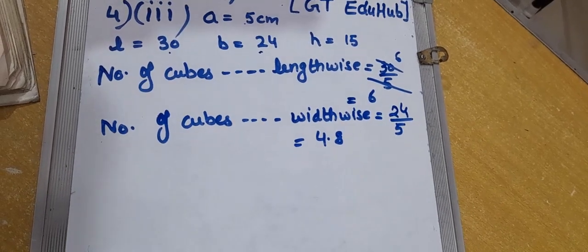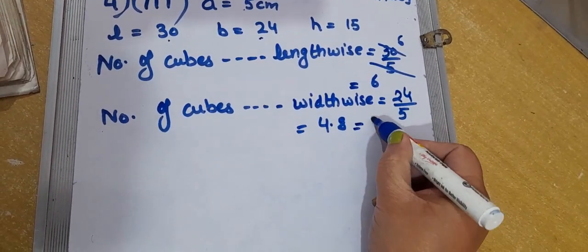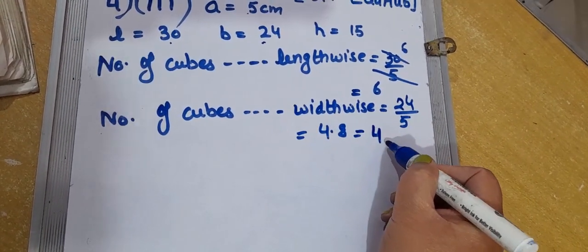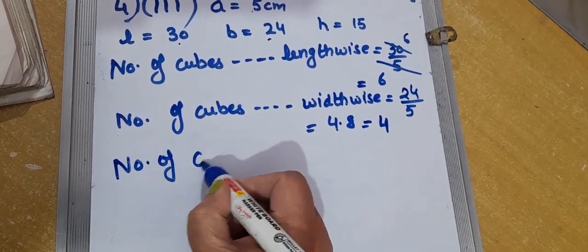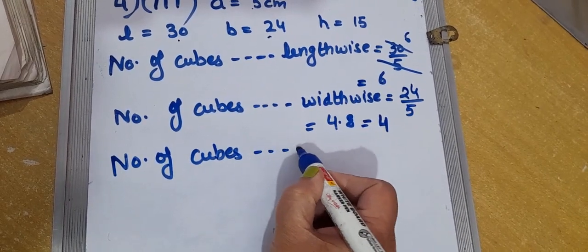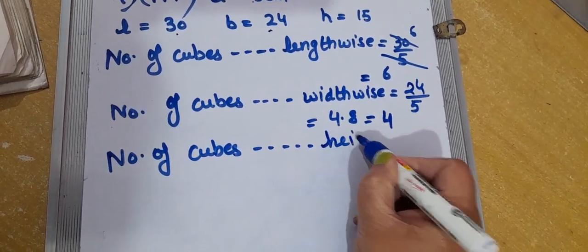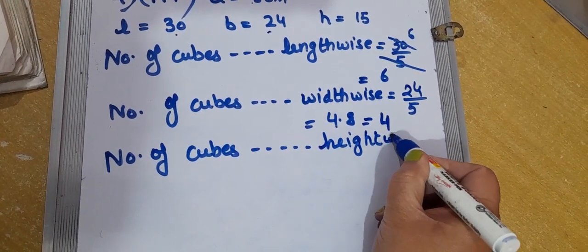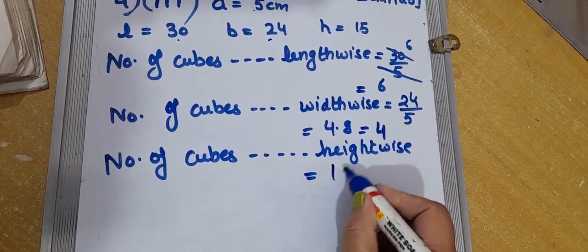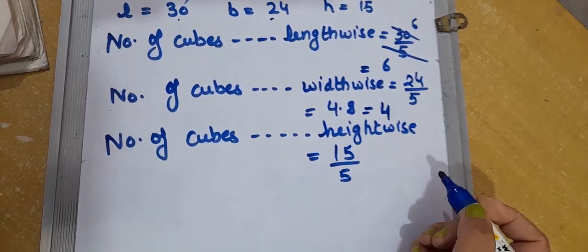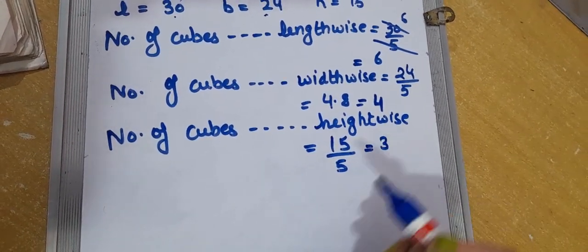Round it off to the nearest lowest whole number, that will be 4. Number of cubes that can be placed heightwise. How many can be stacked one over the other? So height upon edge, 15 upon 5, 3.